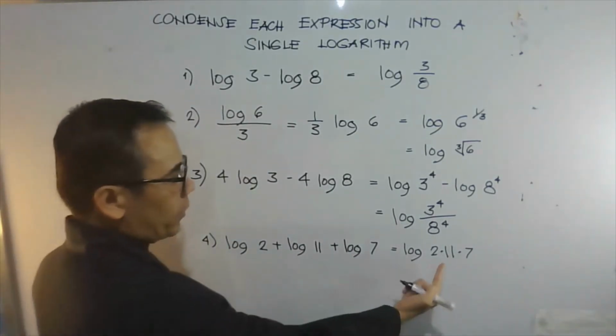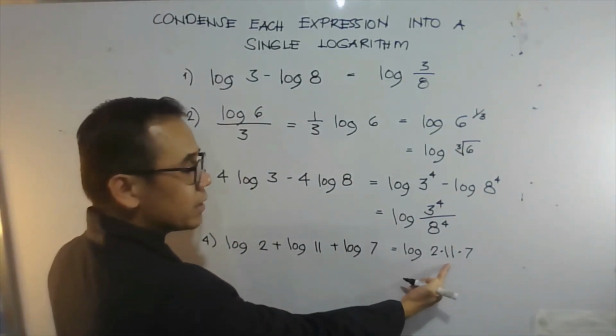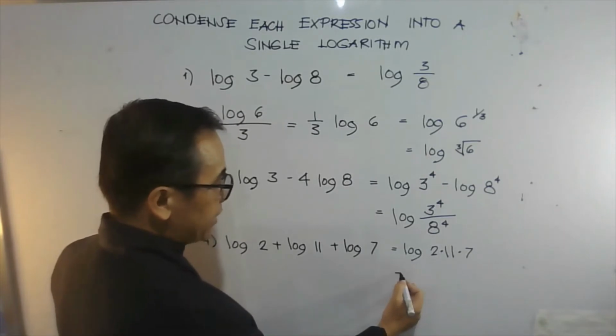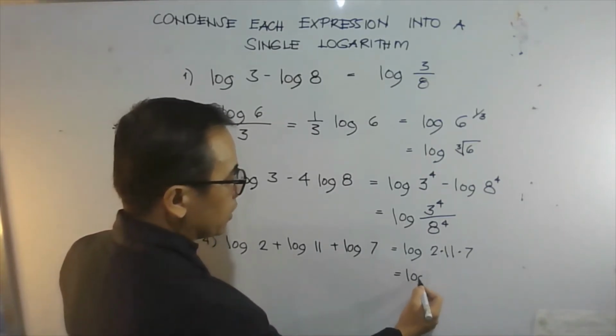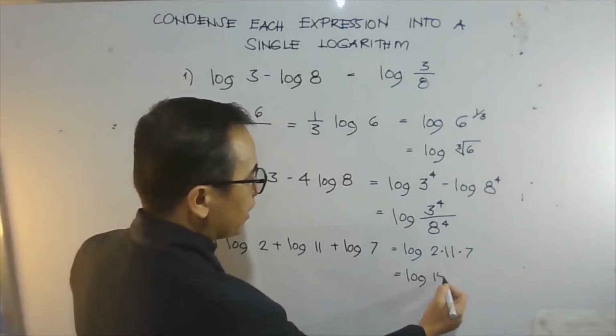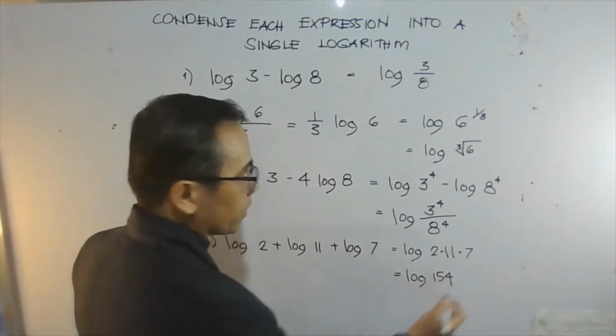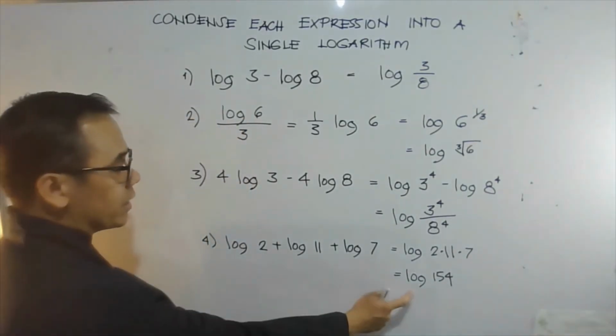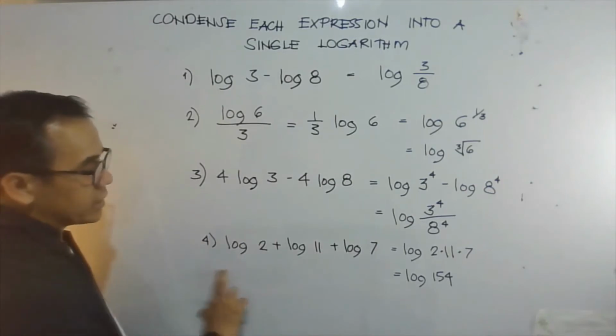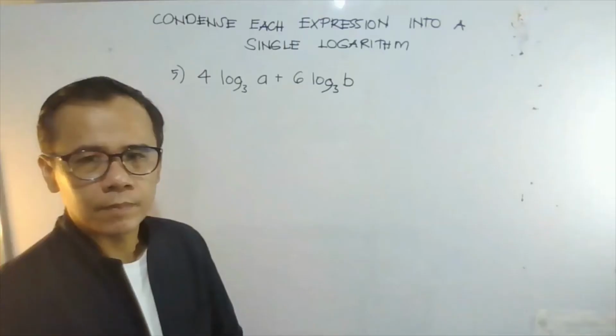Multiplying 2 times 11 times 7, it is now equal to the logarithm of 154. So we now have a single logarithm from this expression.